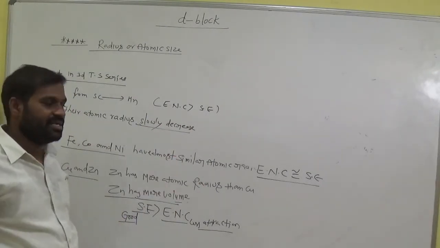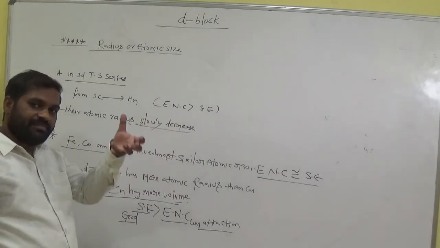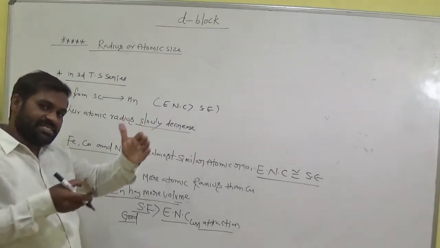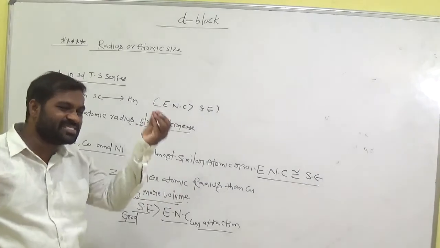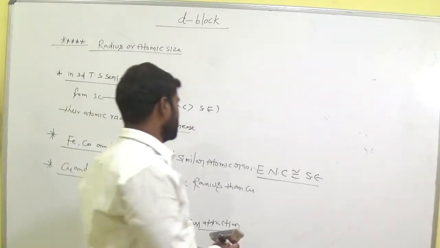The outermost electrons are better attracted to the nucleus, so size decreases very slowly. Keep that in mind.